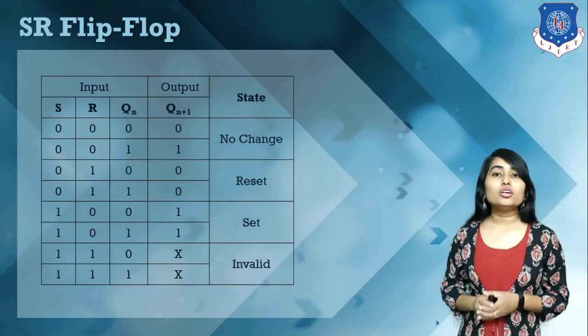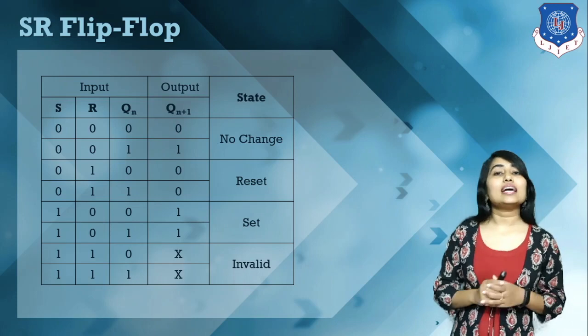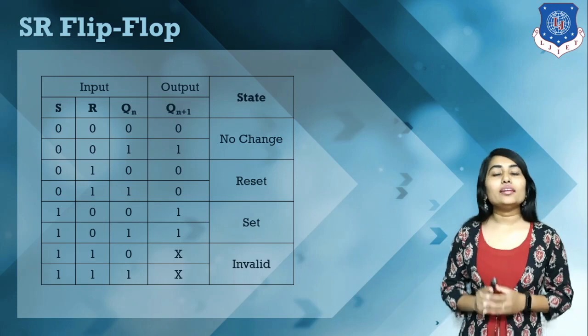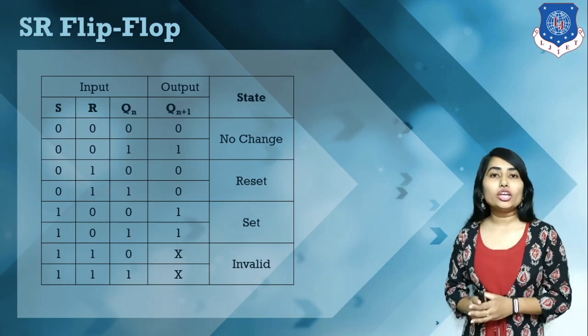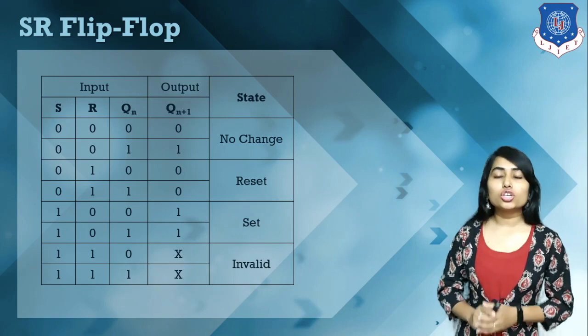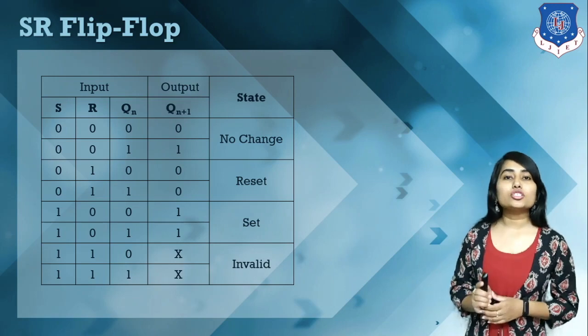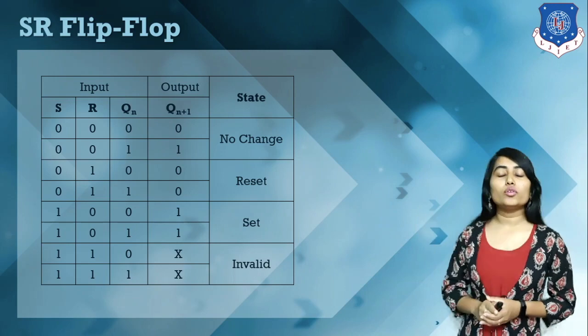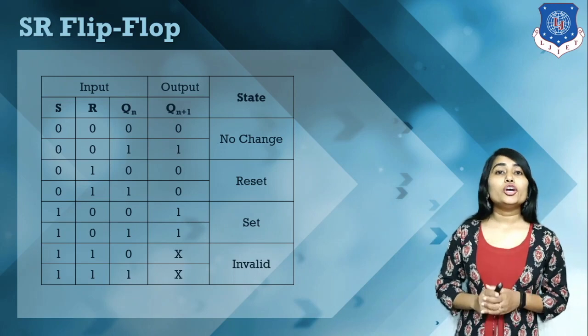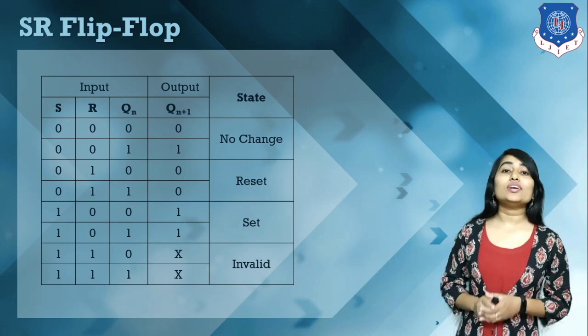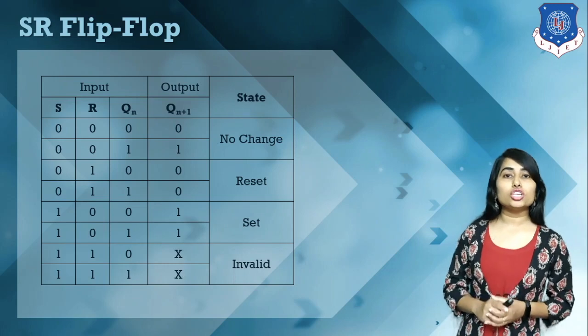So we have a condition that whenever S and R is equal to 0, 0, Qn and Qn plus 1 are equal. So if Qn is equal to 0, we have 0. If Qn is equal to 1, we have Qn plus 1 equal to 1.